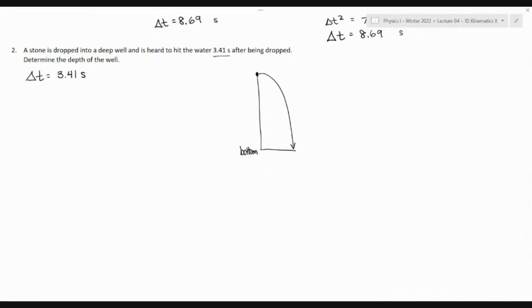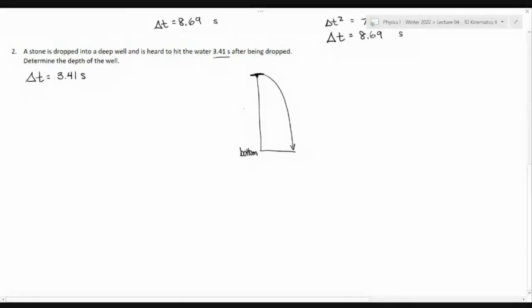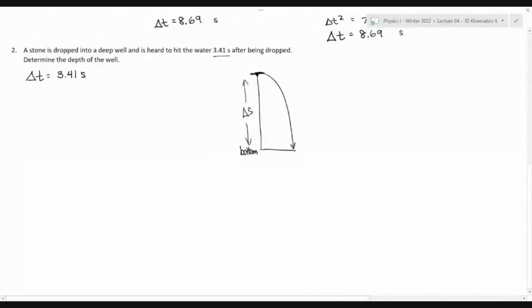Determine the depth of the well. It's up to you where you want your initial position. If you say this starts off at 0, then whatever number you get would be your final position. Or you could say, I want to know what my delta S is, the change in position from the initial to the end.